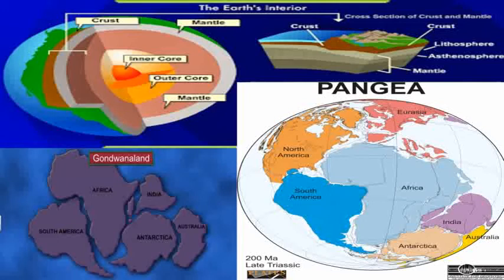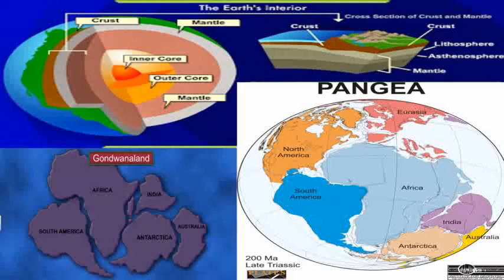But the question is, what is this theory of plate tectonics and what causes the continents to drift apart? Deep inside the Earth is the deepest layer of the planet known as the core, where it is as hot as the surface of the burning sun. This center of the Earth is surrounded by mantle, which is covered by the crust, the surface on which we live.